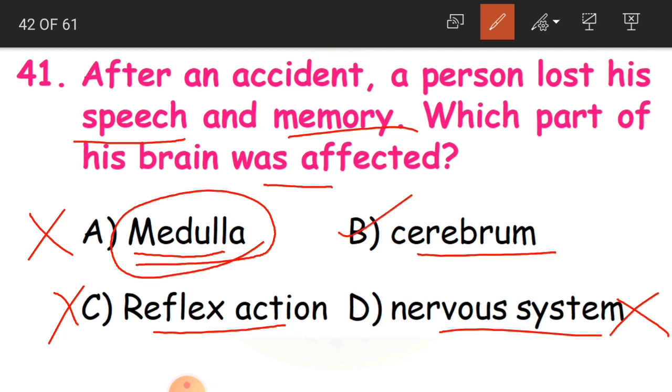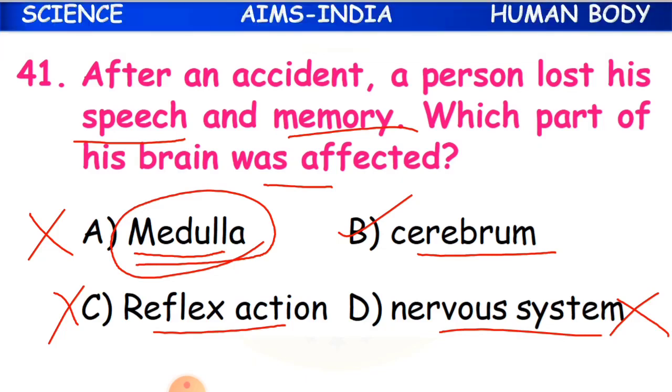Why? It receives and gives messages, and it also controls the body parts. Because of that, this man has lost his speech and memory, because his cerebrum was affected in the accident. Clear, children? This is a very important part of the brain, where all our body parts are controlled.